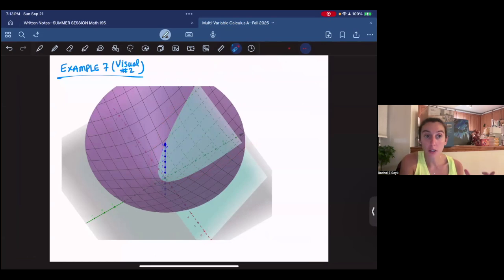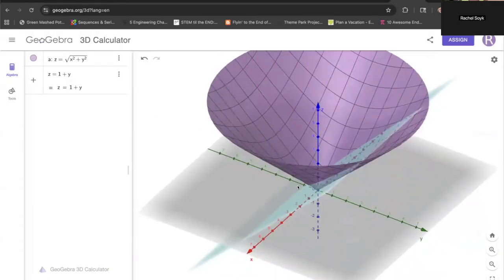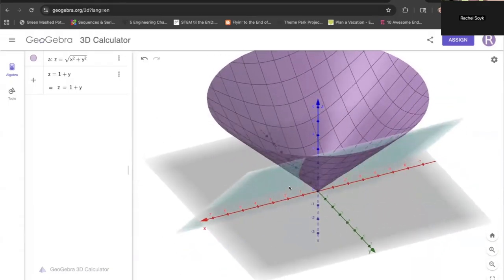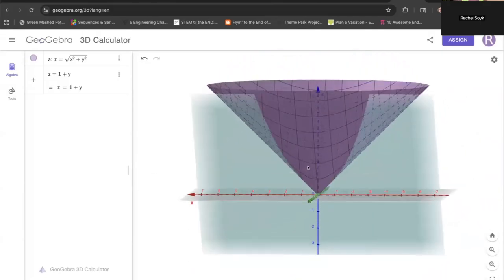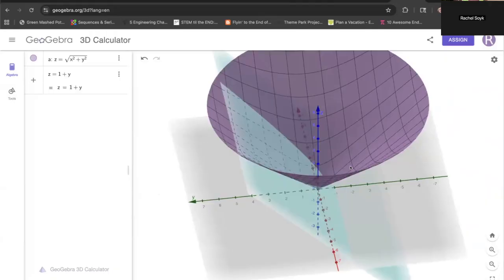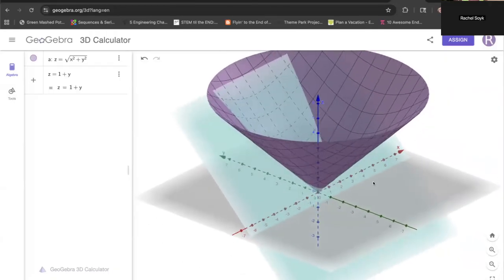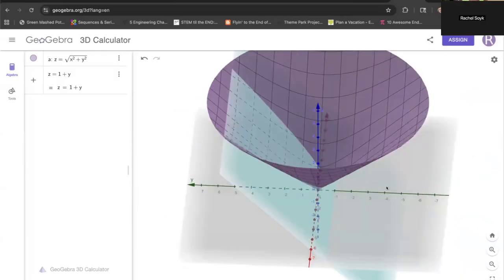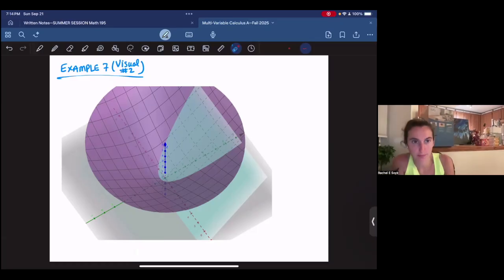Okay, I'll also show you guys the interactive visual as well. Right, so let's move it around. You can see our plane and our cone very vividly here, and where they intersect, what is formed. It's really kind of cool. I think this one's the coolest one so far. But yeah.